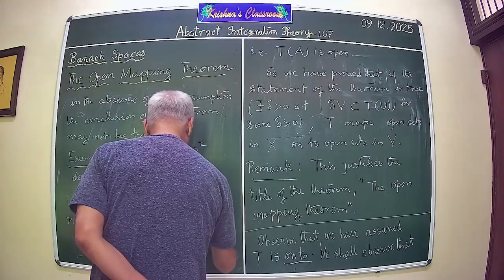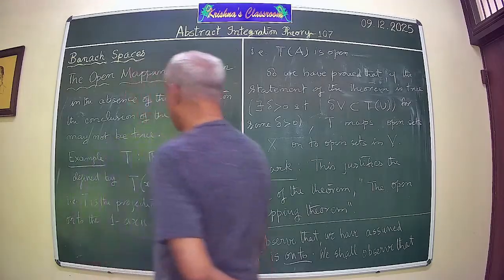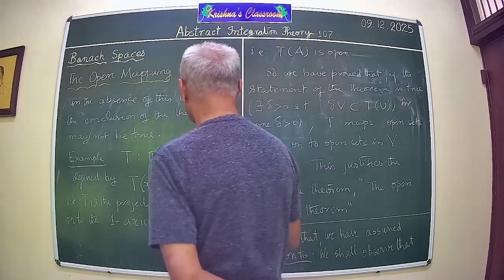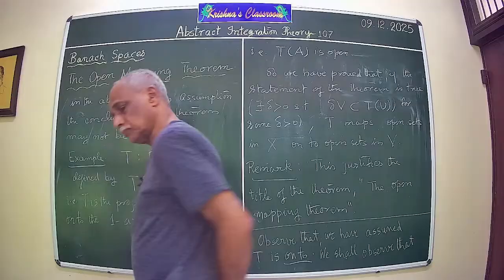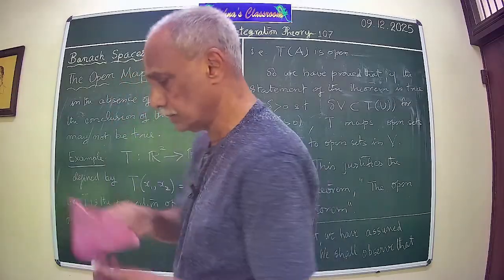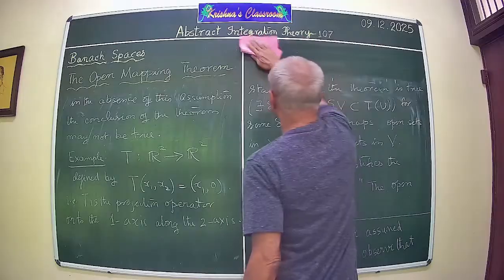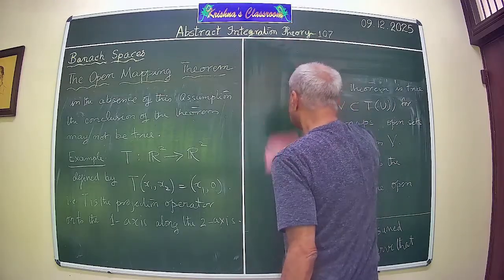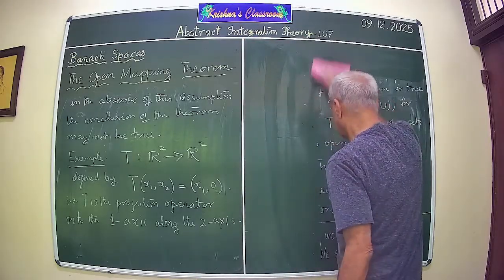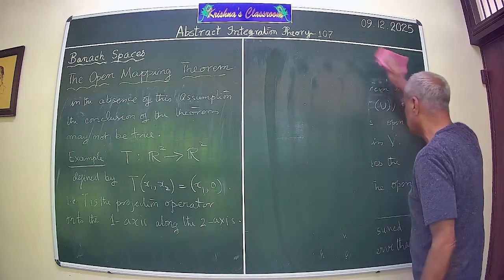You have the one axis and the two axis. That is, we can give a picture of this. This is the orthogonal projection that we are familiar with.